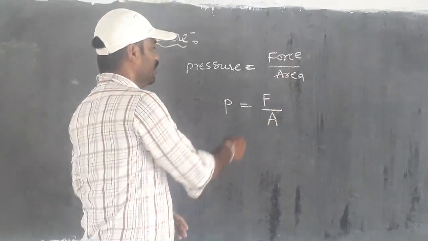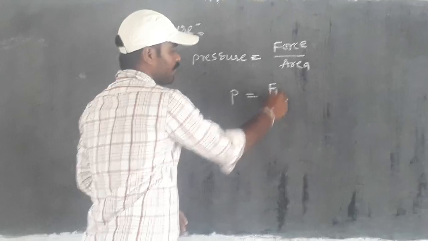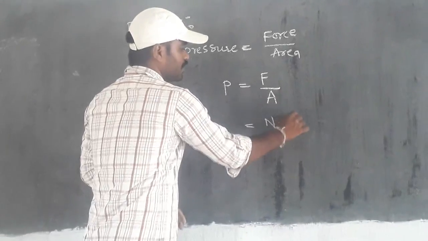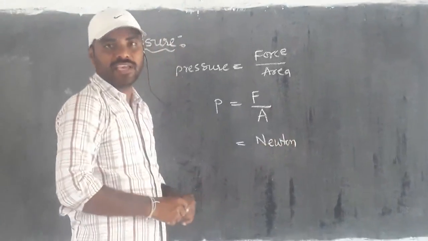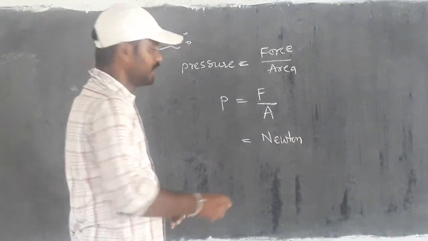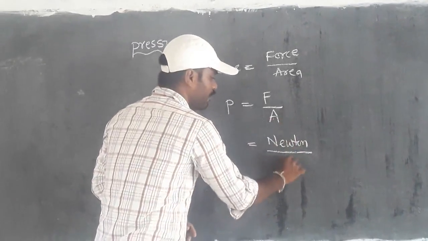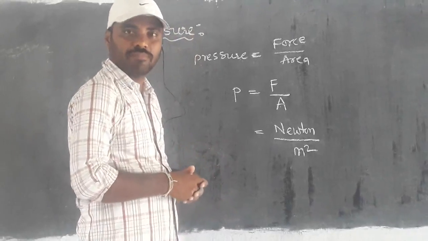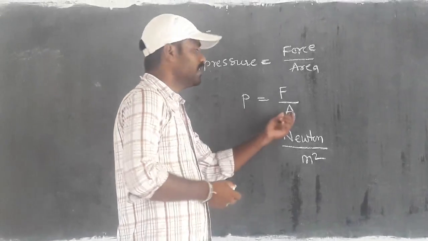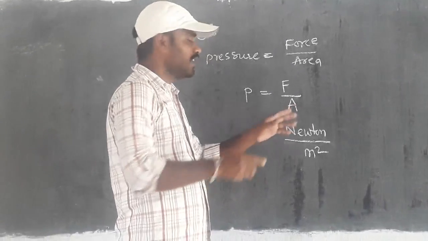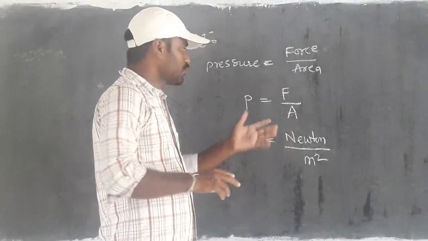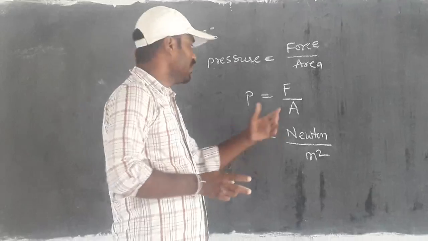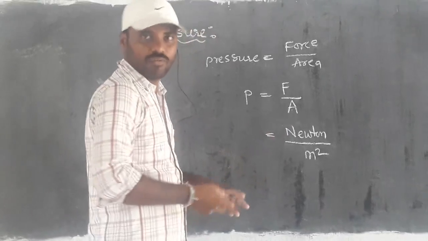Then we already know force can be measured in newtons. This is the MKS unit or SI unit. And area we measure in meter square, because meter is the unit in MKS for distance. Here area means either a square, S into S, or if a rectangle, L into B, whatever it may be.